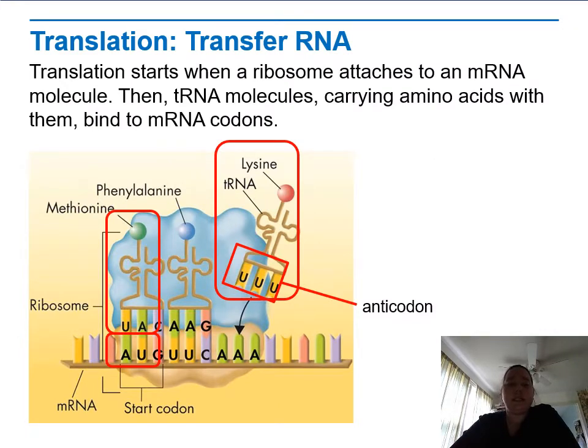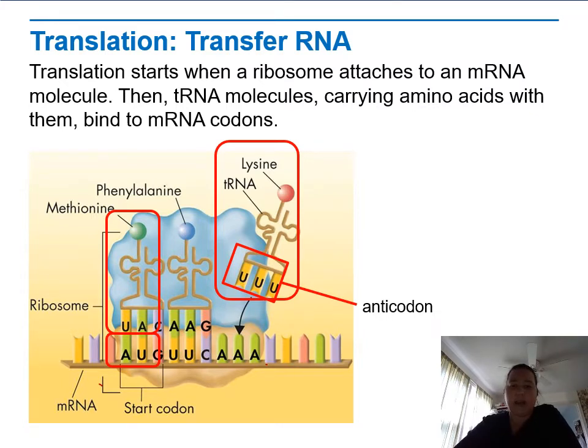During translation, the mRNA attaches to the ribosome, where the rRNA and the mRNA have come together. Then the tRNA starts reading the mRNA and bringing the correct amino acid.